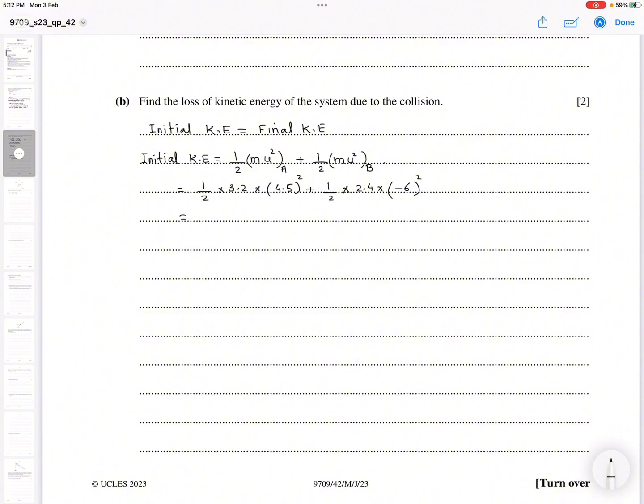When you solve all of it, you will get 32.4 plus 43.2, which is 75.6 joules. So loss of kinetic energy would be the same, and that is 75.6 joules. This is our answer for part B.